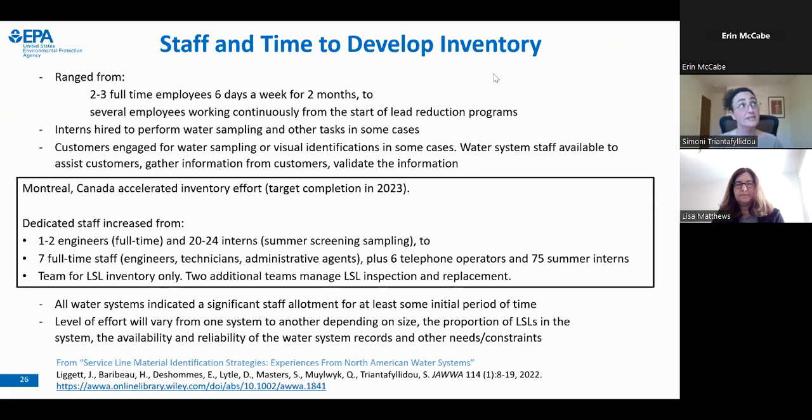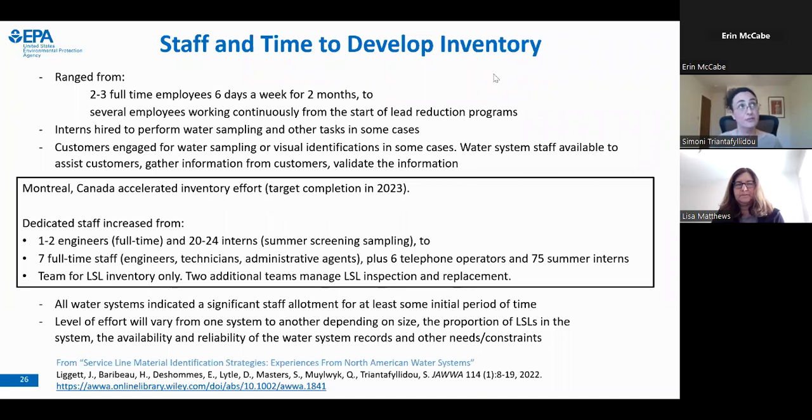In some cases, interns were hired in the summer, let's say to perform water sampling and other tasks. In some systems, customers were also engaged to perform water sampling or visual identifications. And even then, water system staff were made available to assist those customers, to gather information from the customers and to validate the information.